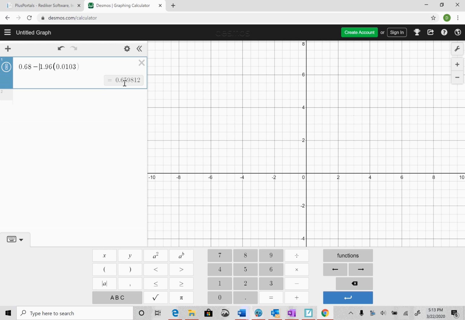If you've got the z-score and all the rest of that, I taught you how to use the Nspires and TI-84s to do. On this, obviously you don't have this huge keyboard like we do with the Nspire.